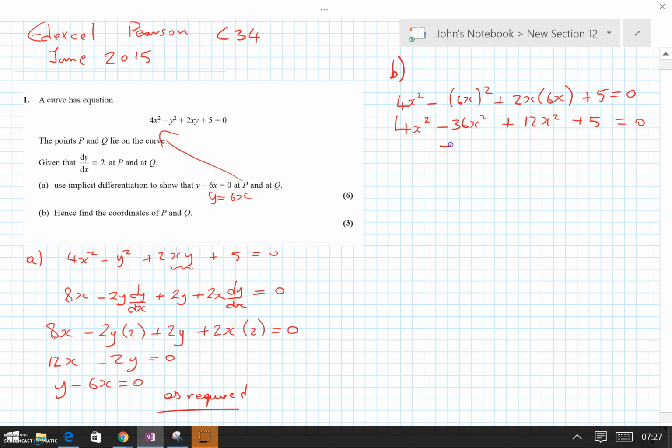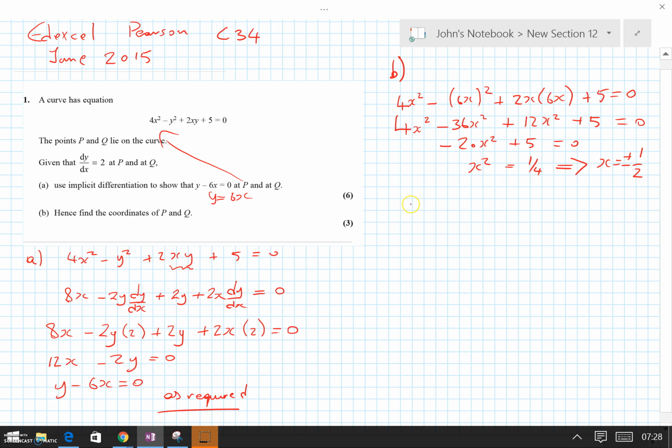That gives us minus 20x squared plus 5 equals 0. So x squared is equal to a quarter, which gives us that x is plus or minus a half.